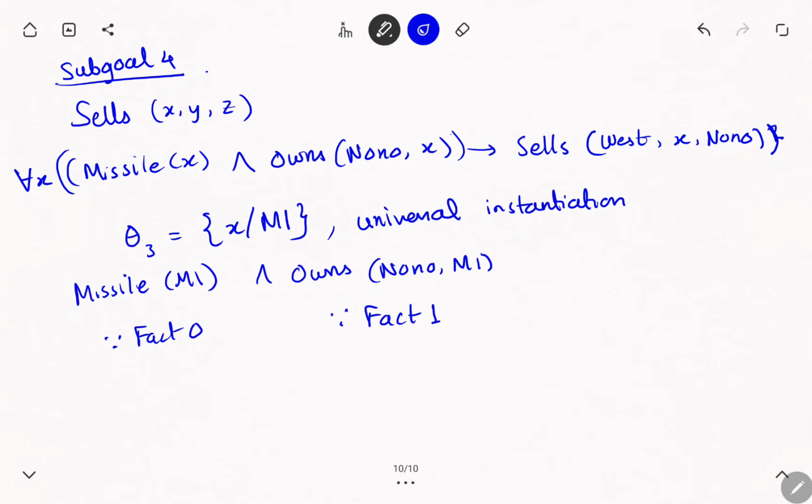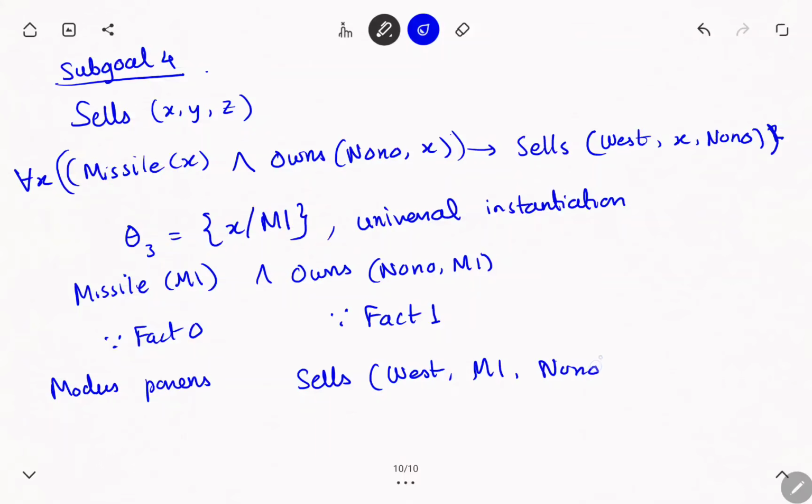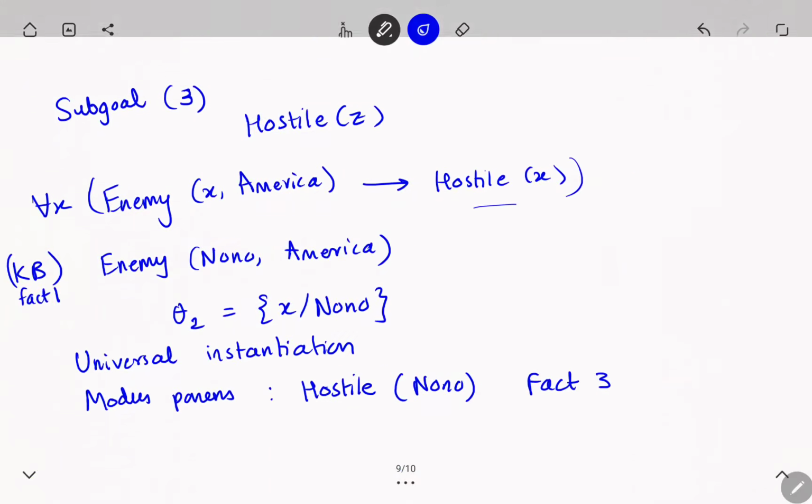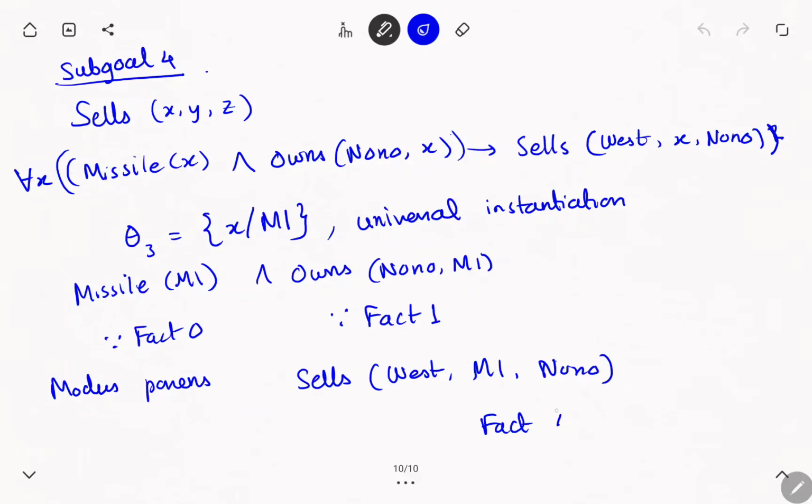Okay, so this is our left hand side. Okay, and now by modus ponens, if the left hand side is true, therefore sells West comma M1 comma Nono has to be a fact. So this becomes our fact number 4.